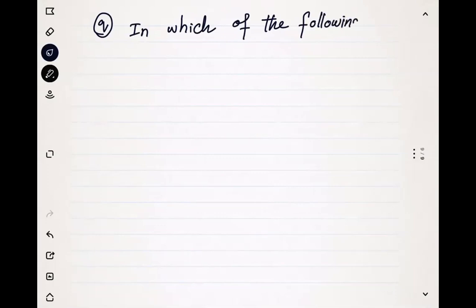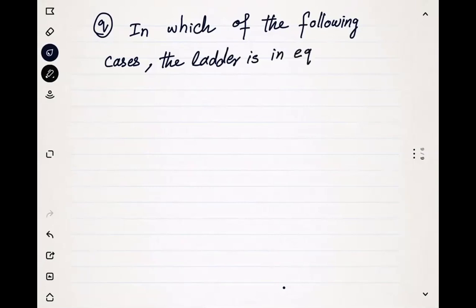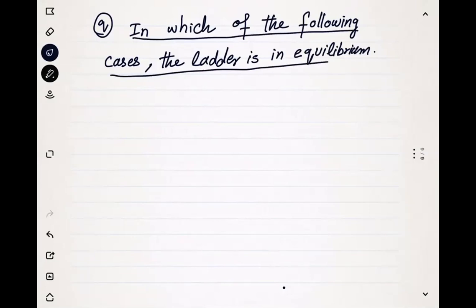So the question is, in which of the following cases is the ladder in equilibrium?